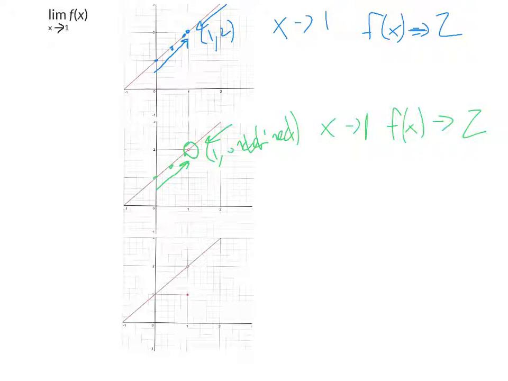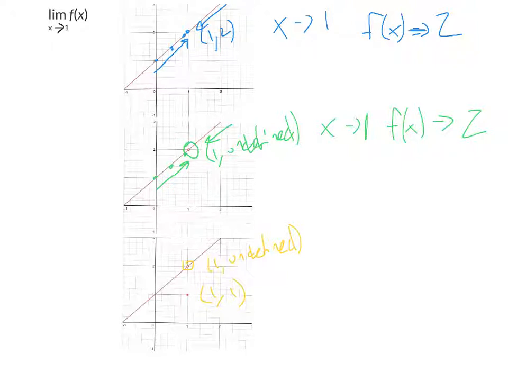In the third one, I still have that open circle right there. We're just undefined at the value of 1, except we have a function still, because when I put in 1, now I'm getting 1 instead of 2.